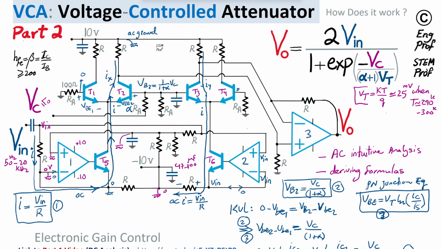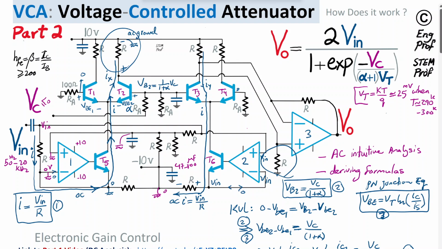That means this Ix current, the AC current that is going upward, is going toward this resistor R to ground, so it results in an AC voltage like this. And also, it's going through this resistor R to ground as well. So effectively what it observes, according to what is discussed here, is a parallel of R and R AC-wise.